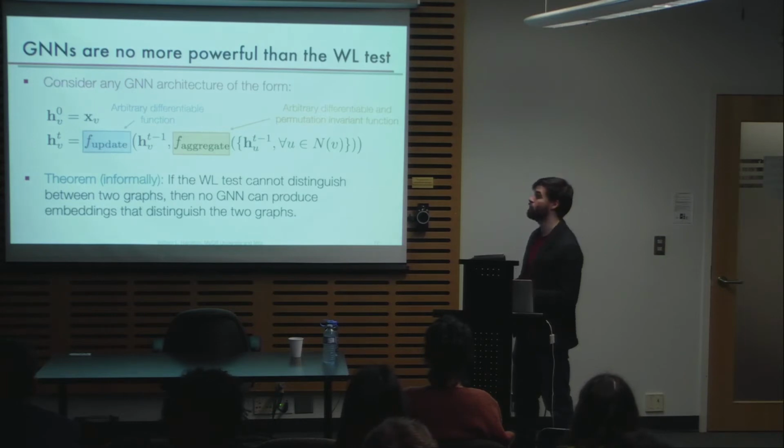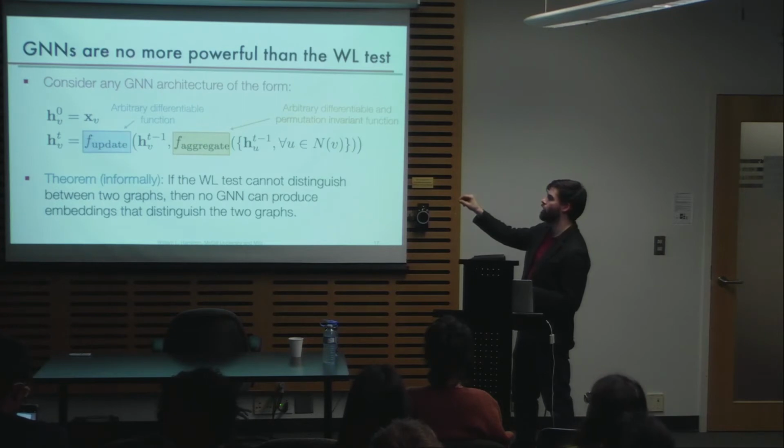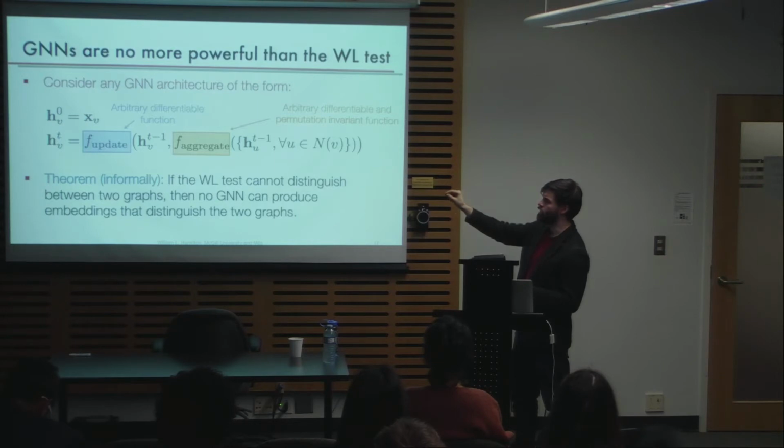In fact, you can prove not just for a basic graph neural net, but any graph neural net where we have some differentiable permutation invariant function that aggregates information from our local neighborhood, and any differentiable function which uses the information aggregated from our neighborhood as well as our node's previous representation to generate a new representation.